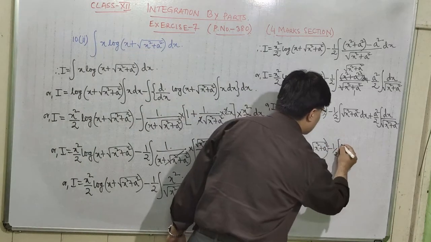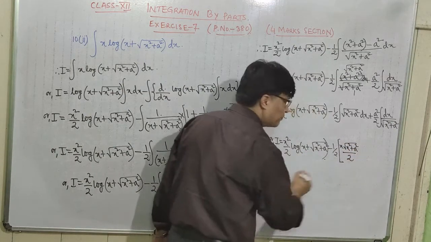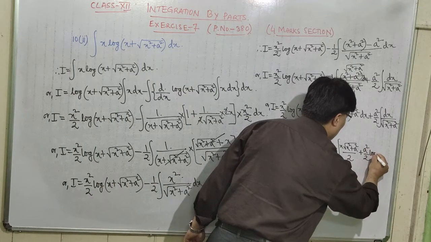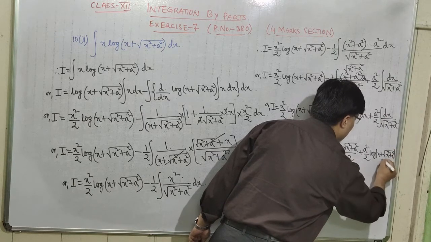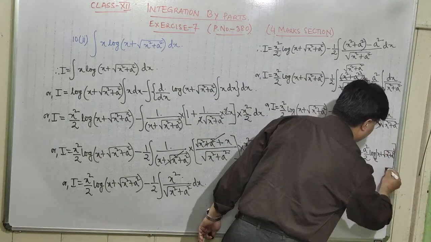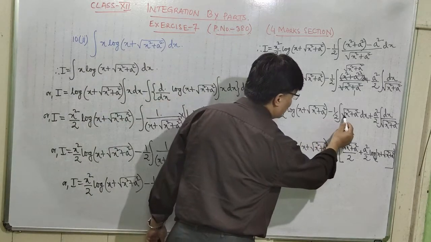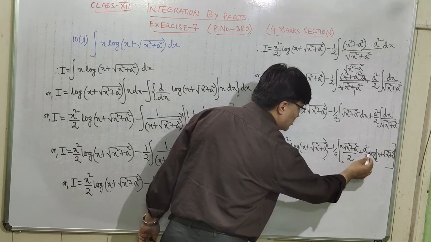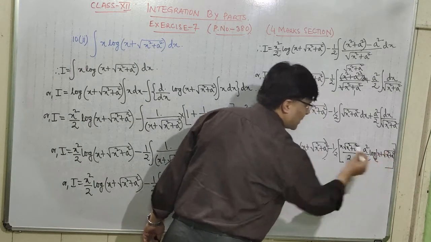What is the first standard integration? x root over x square plus a square by 2, plus a square by 2 log within mod x plus root over x square plus a square, mod sign closed, the base is e. Then the third bracket is closed. So the integral of root over x square plus a square dx is x root over x square plus a square by 2 plus a square by 2 log within mod x plus root under x square plus a square, mod sign closed, the base is e, then the third bracket is closed.